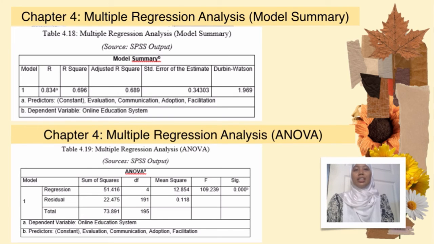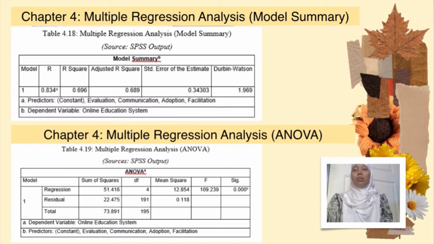The value of correlation coefficient R was 0.834 and the value of coefficient of determination R square was 0.696. According to the result above, both of these values mean there was a strong relation between these variables. The suggested online education got 69.6%, which influenced the evaluation, communication, adoption and facilitation.